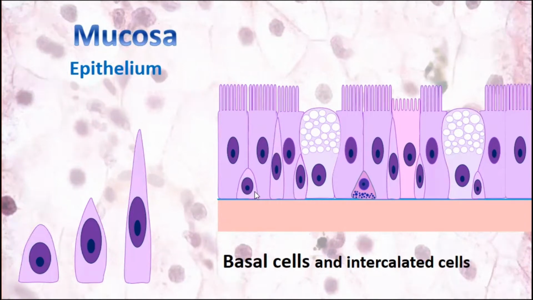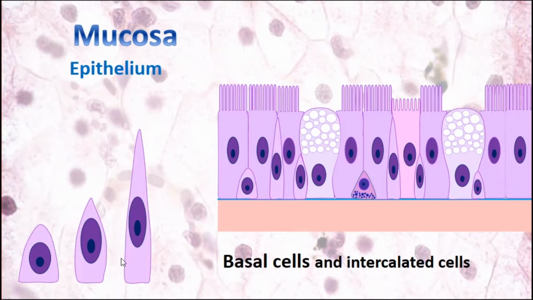And the presence of those cells results in the feature that nuclei of the cells are located on different levels, and they form some rows. That's why we can see the appearance of this epithelium which is similar to the appearance of stratified epithelium. So what are those basal and intercalated cells?